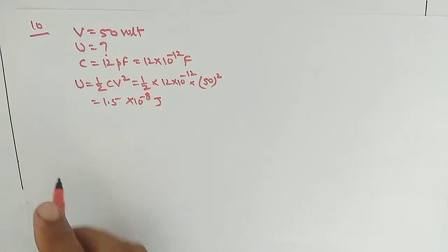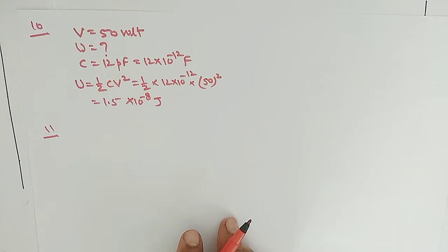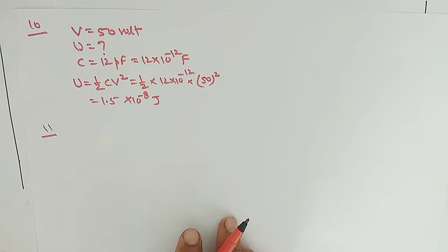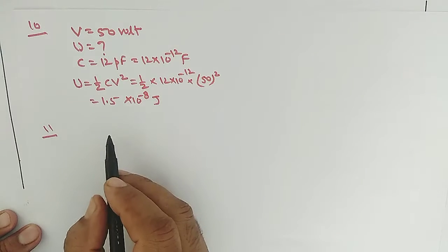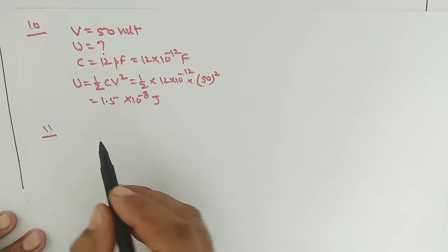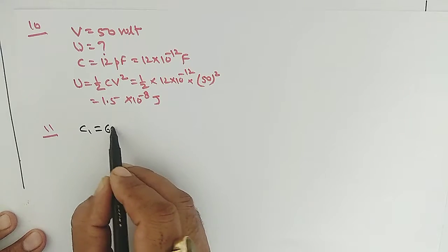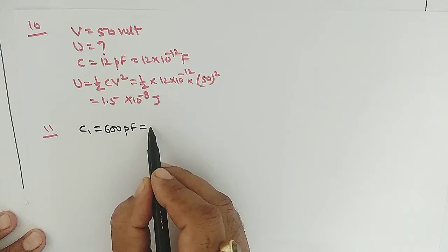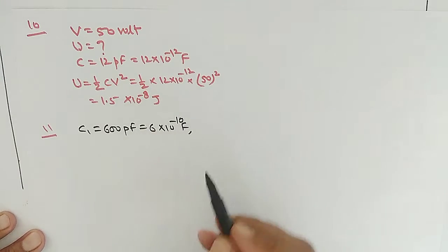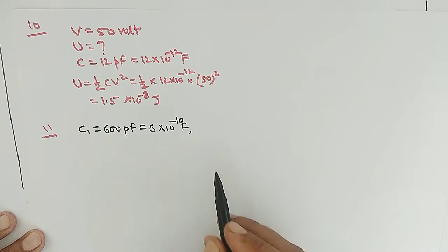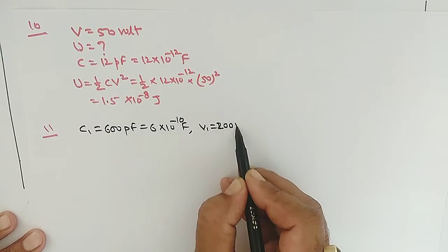Now coming to the last question of the exercise, again related to the potential energy. In this question it is asked: a 600 picofarad capacitor is charged by a 200 volt supply. So C1 is equal to 600 picofarad, that is 6 into 10 to power minus 10 farad, and the voltage supply V1 is given as 200 volt.